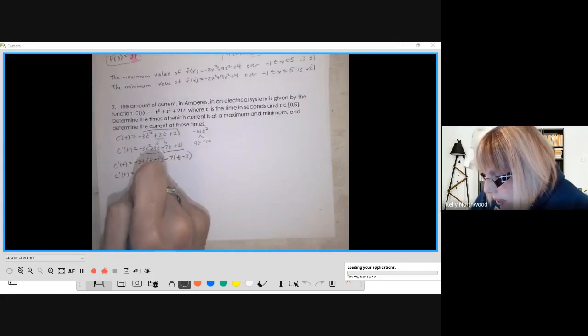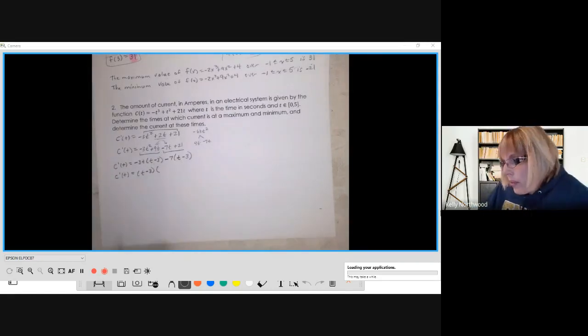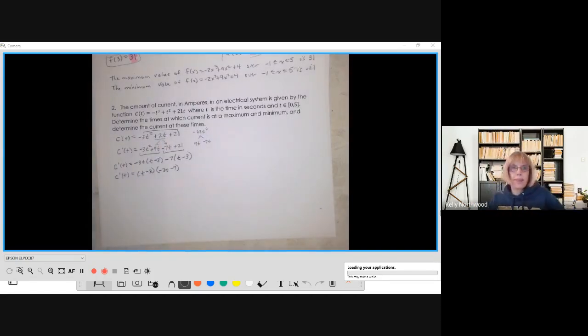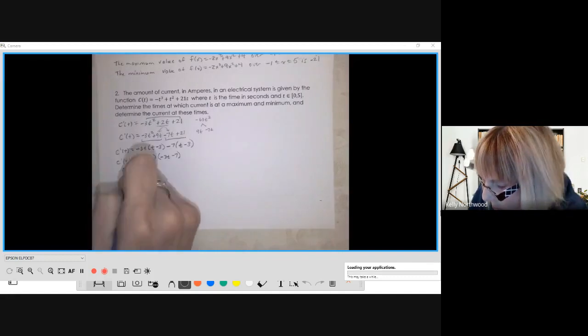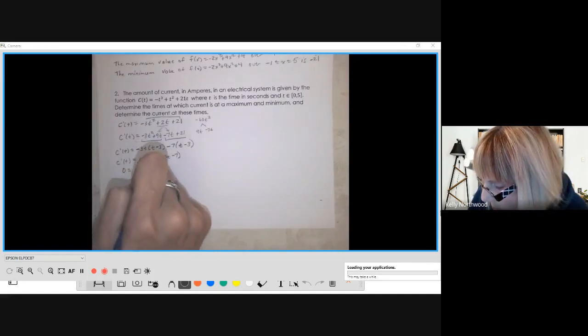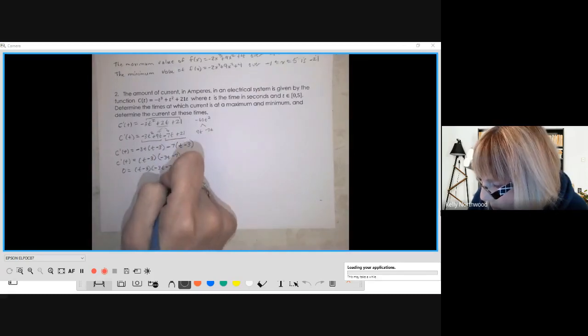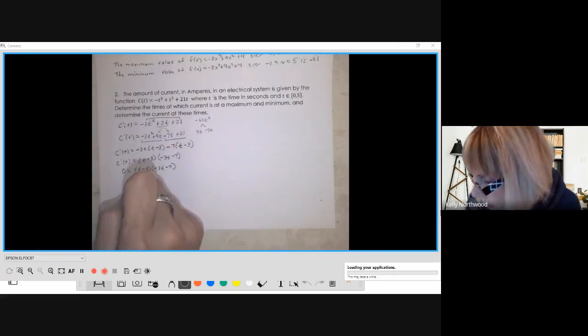So then t minus 3 becomes the binomial common factor, and negative 3t minus 7 is the other factor. And then we want to set that equal to 0. And solve, and that would be where any peaks or valleys or local max and mins are.